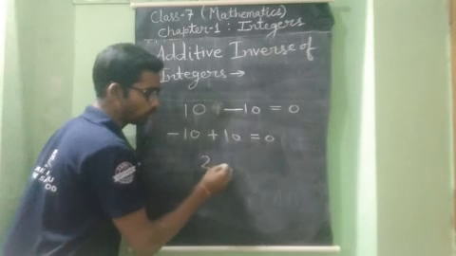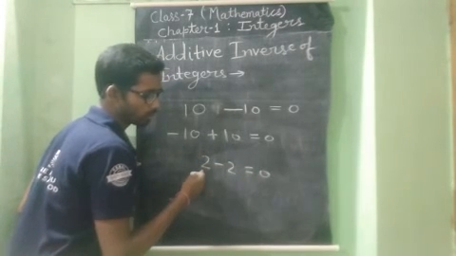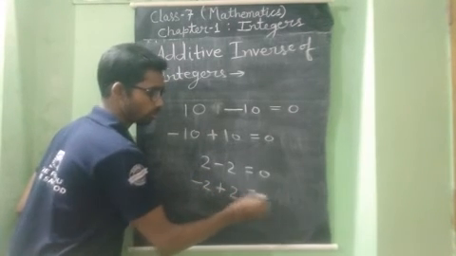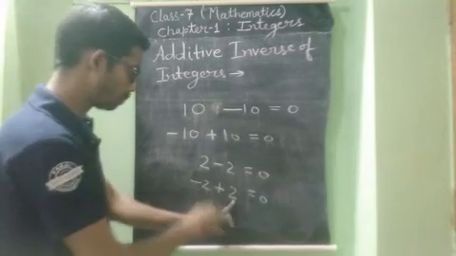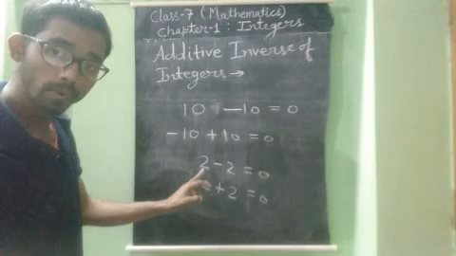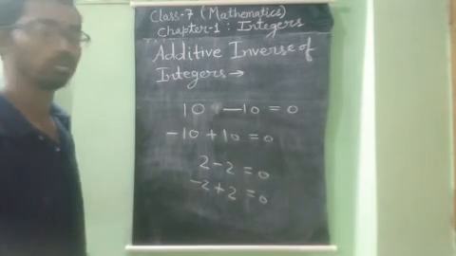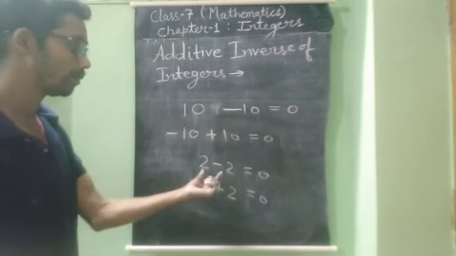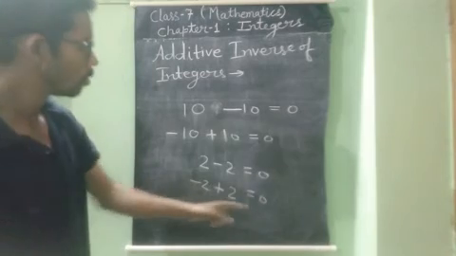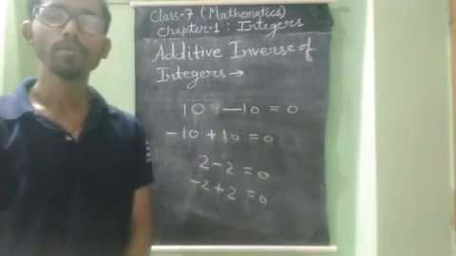Similarly, 2 minus 2 is equal to 0. So minus 2 is the additive inverse of 2. Similarly, minus 2 plus 2 is equal to 0. So plus 2 is the additive inverse of minus 2. Because the addition of these two numbers becomes 0, one of these numbers is the additive inverse of the other number.